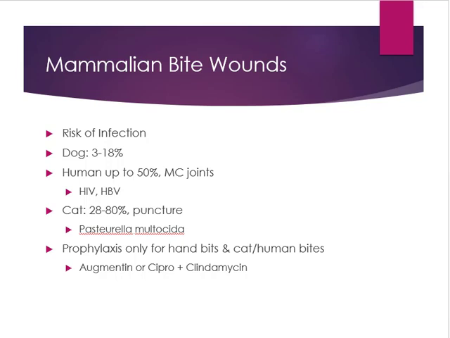Prophylaxis is offered for puncture wounds of the hands and ones from cats and human bites, and you would treat with Augmentin or Cipro plus clindamycin. Augmentin or Cipro, then add clindamycin to that as well.